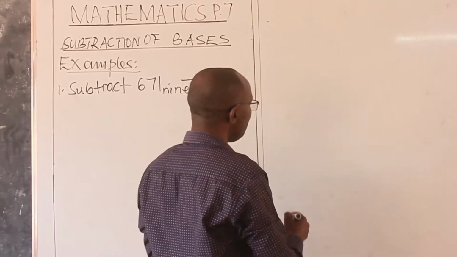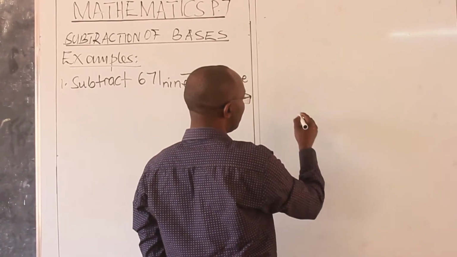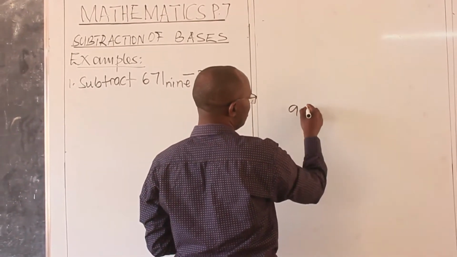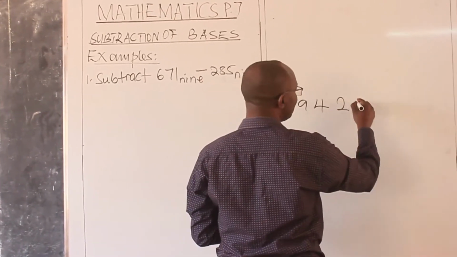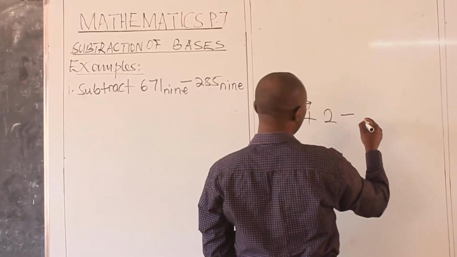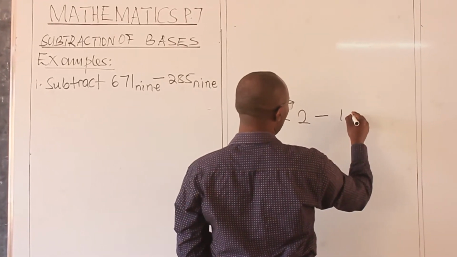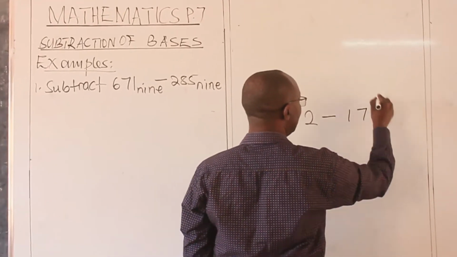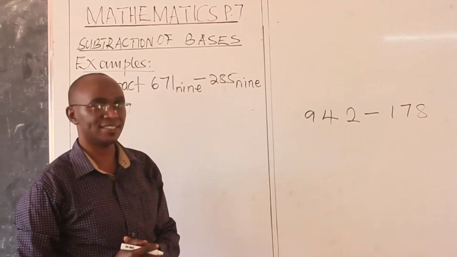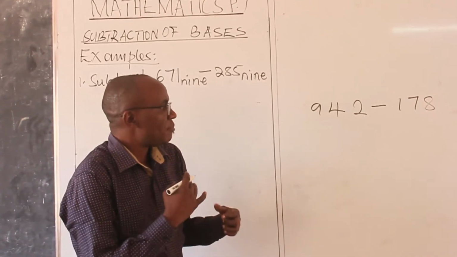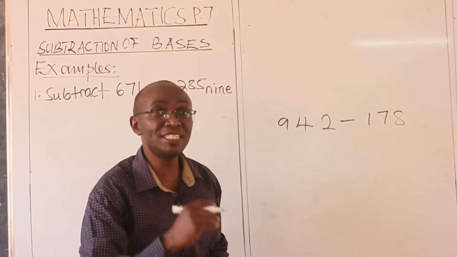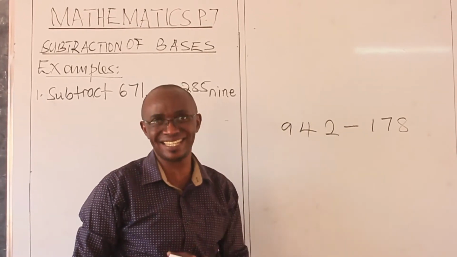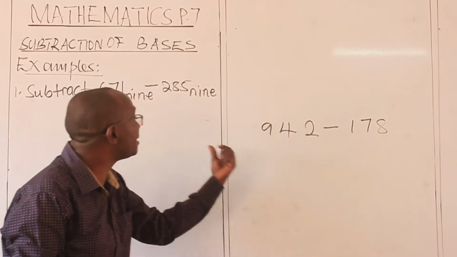For example, if I have 942 minus 178. Now let me take you back to P4. You were doing this subtraction, but the teacher did not tell you that it was base 10. It is the same idea that is brought here.